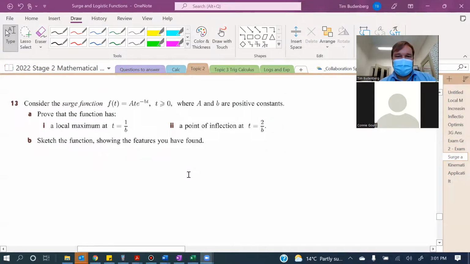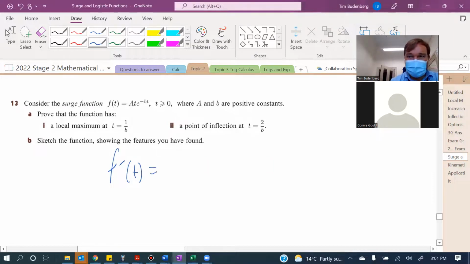Prove that the function has a local maximum. Did you differentiate it using the product rule? I did, but I don't think I did it right. Did you use u as at and v as e to the minus bt? Yes.